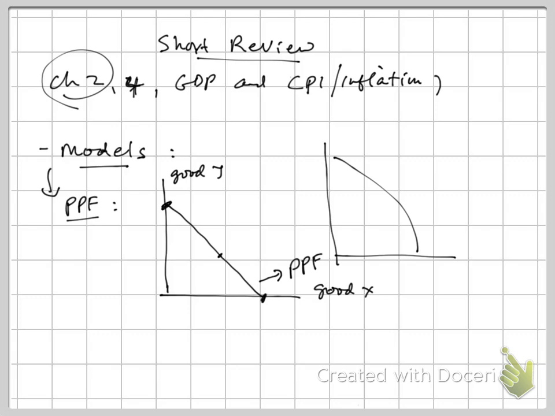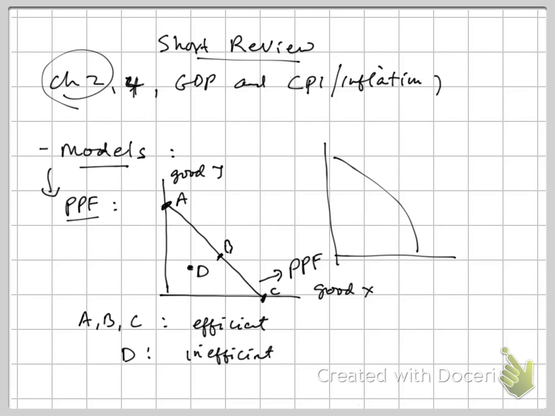So any point on the production possibility frontier, like A, B, C, are all efficient because you cannot produce more of one good without giving up the other. There's a trade-off. But points like point D, which are inside the production possibility frontier, are inefficient.